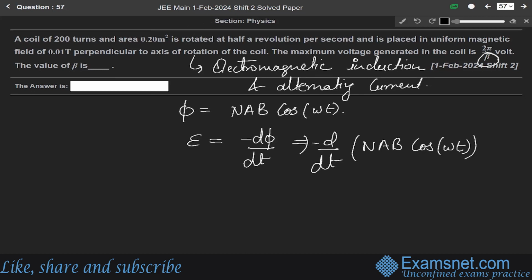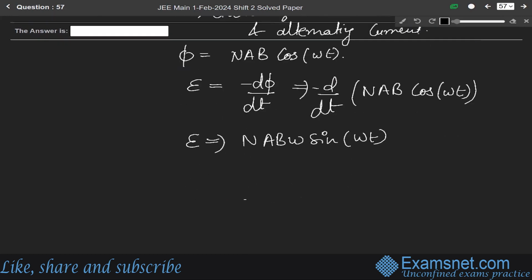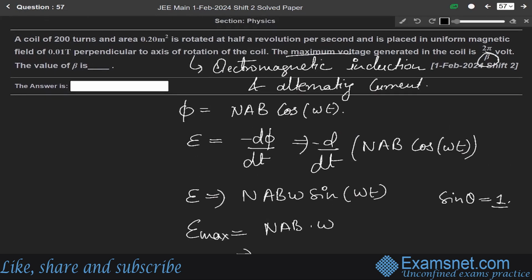Differentiating it, we get EMF equals NAB omega sin omega t. For the maximum value, sin omega t will be maximum, and the maximum value of sin is 1. So maximum voltage, meaning maximum EMF, will be NAB into omega.